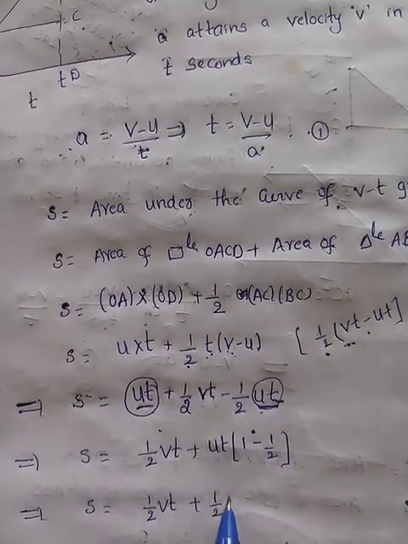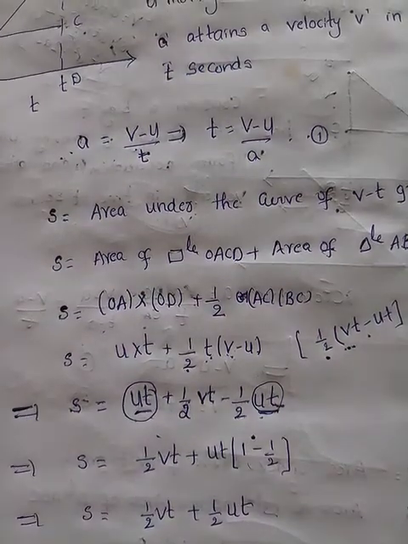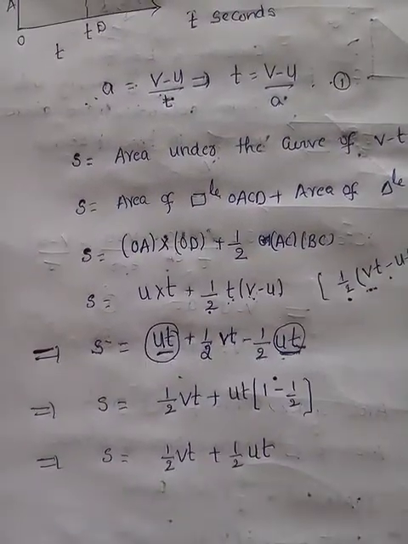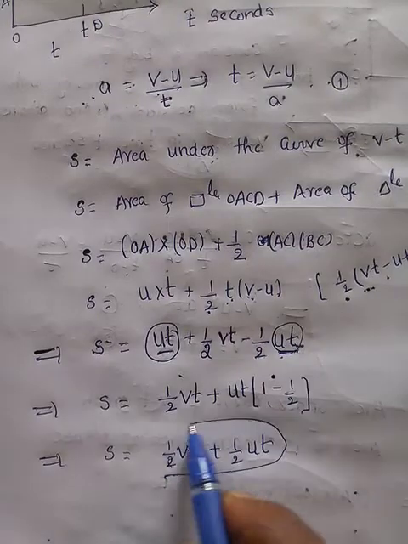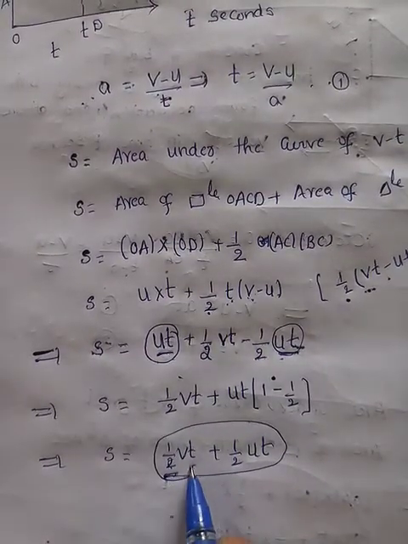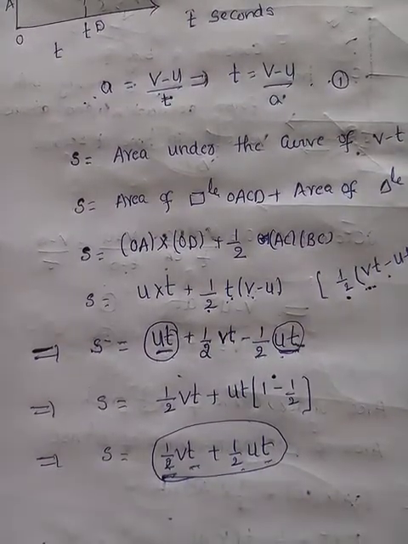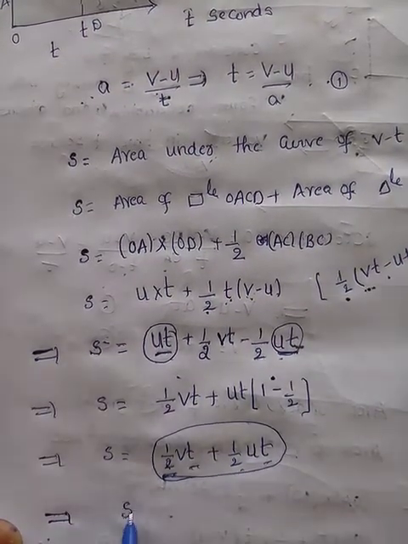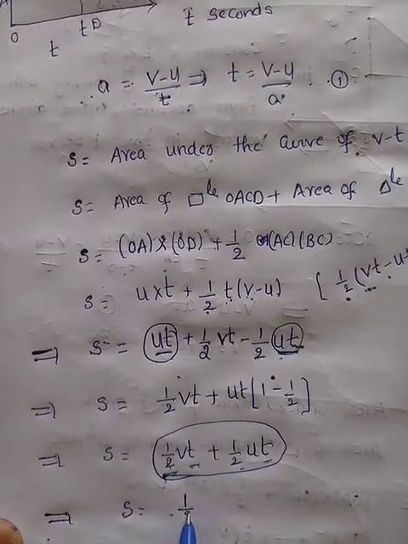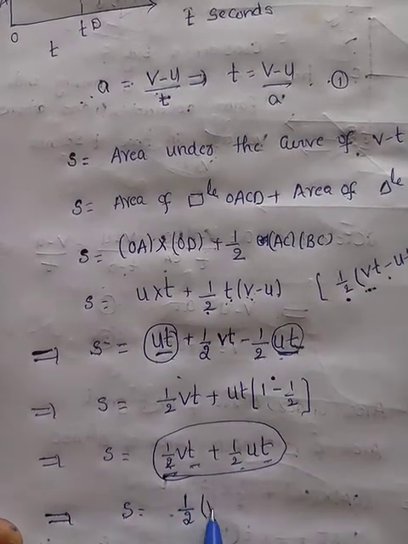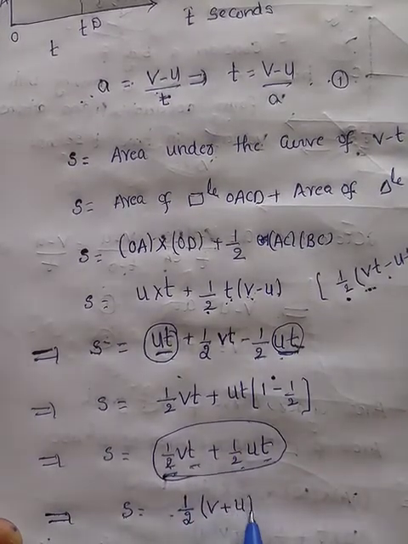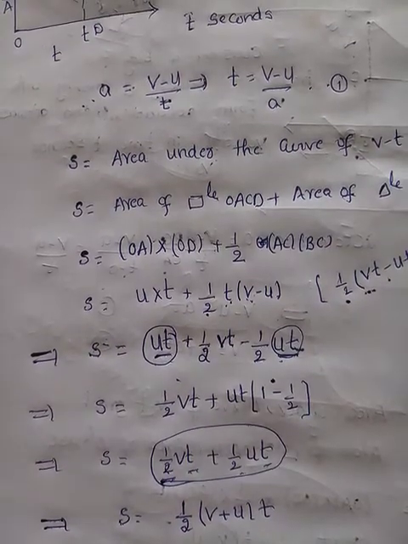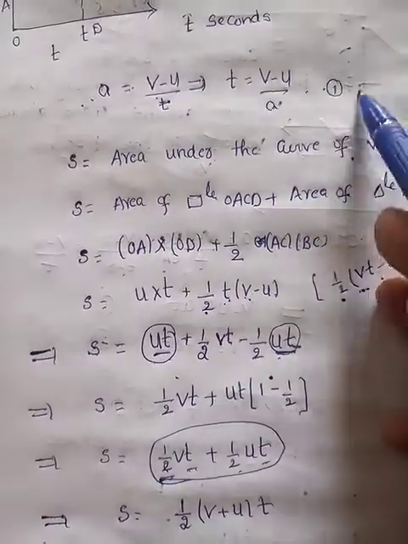Half, ut. Now clearly see, students, what is common in these two terms? Half is common, t is also common. So can I take half t common? Yes. Don't take half t, take full t. So what you get taking common? Half, (v plus u), t common. Now here we got the equation.